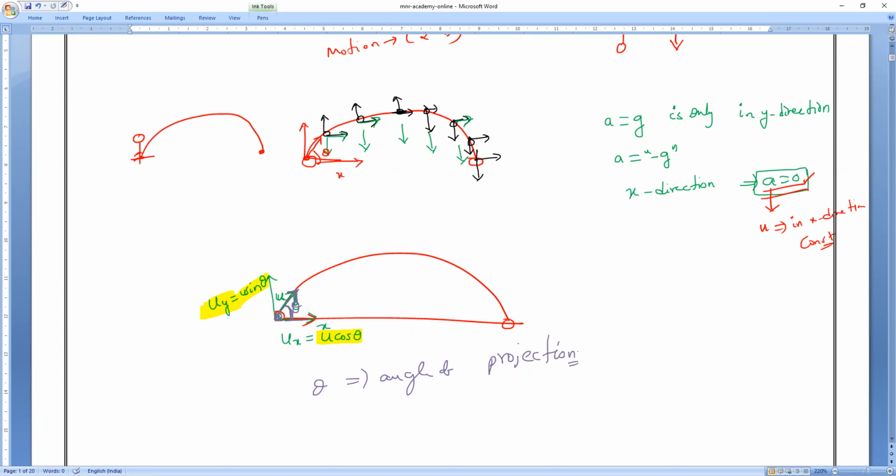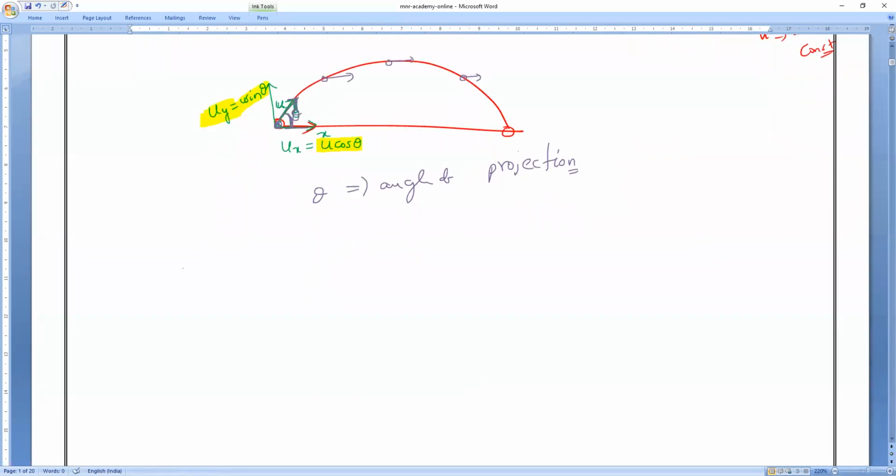Now, if you take this body anywhere, as we already proved, what is the acceleration in the x-axis everywhere? Acceleration is 0. So let me take the x-axis and y-axis. In the x-axis, the initial velocity is u cos theta, and the acceleration is 0.